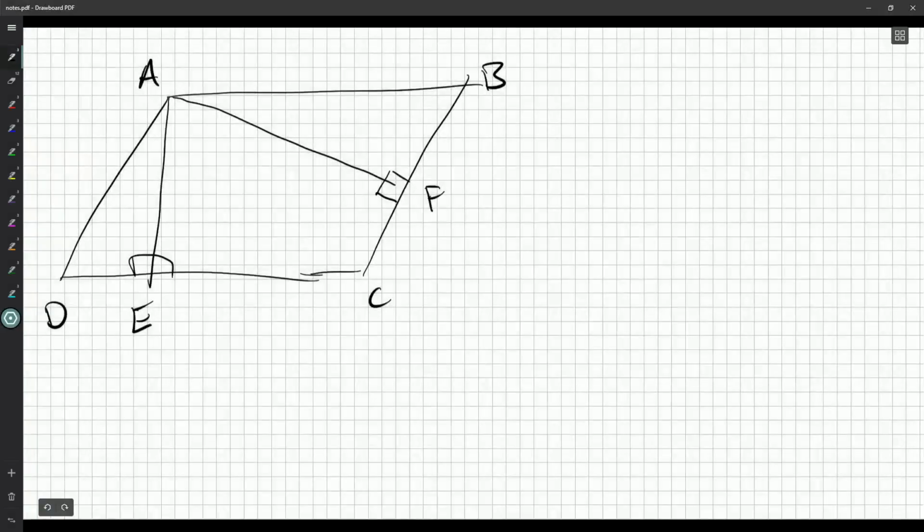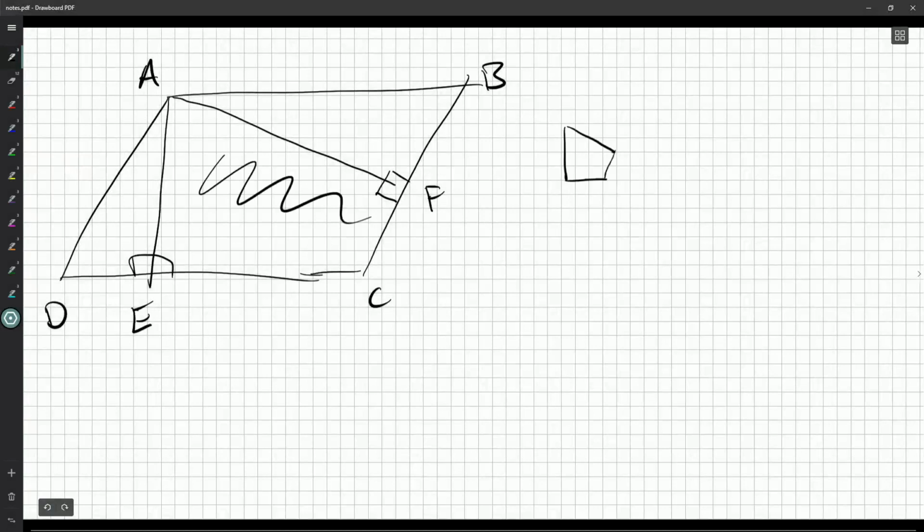Yeah. Because if I can figure out AE and then DC, then I'll know the dimensions of the parallelogram. And what we want is this sort of lopsided shape. Well, that would be the parallelogram minus the two right-angle triangles. So very easy. I just need to figure out the lengths, and I figure that's probably where the hard part's going to be.